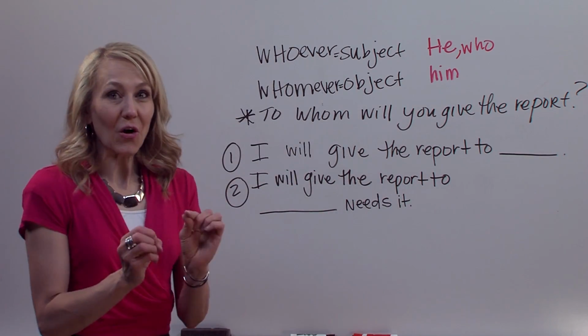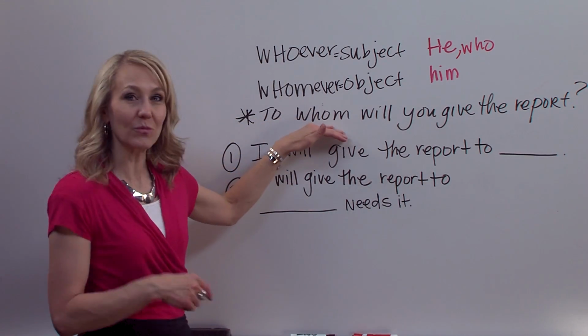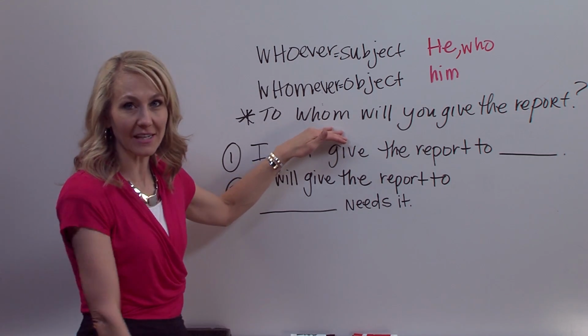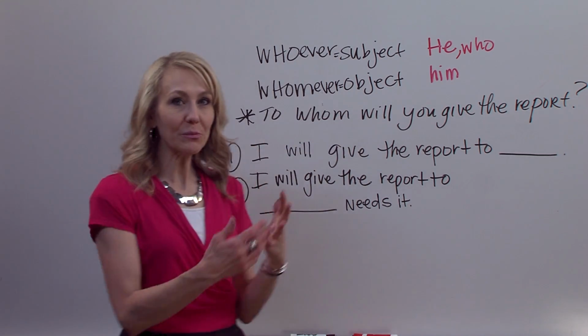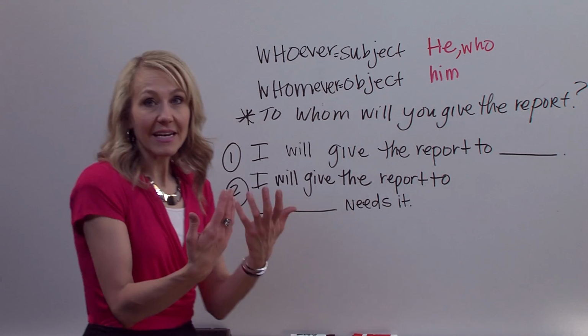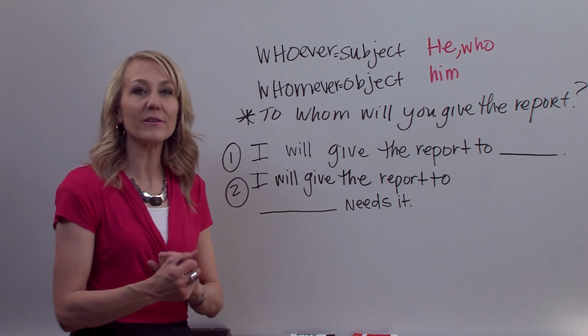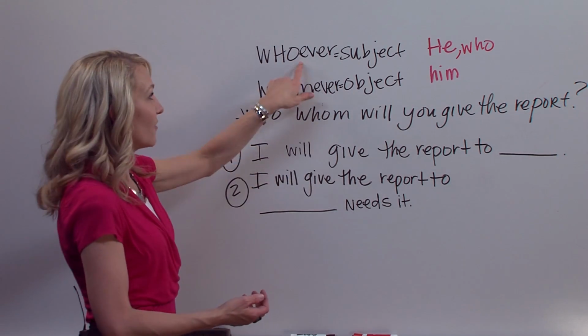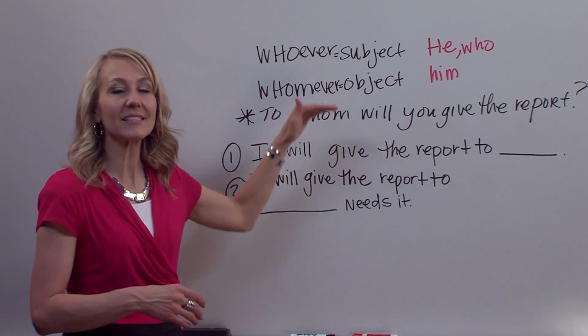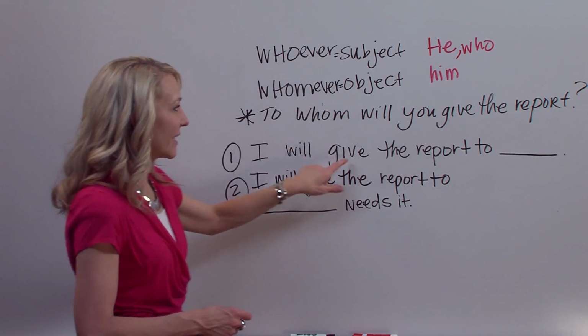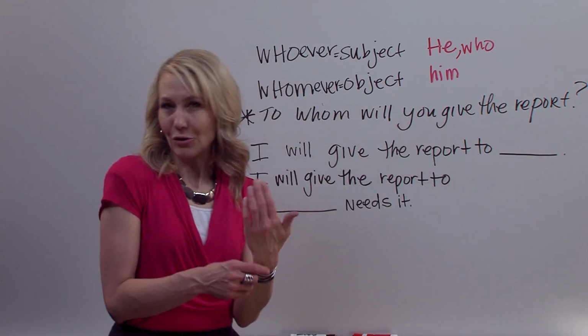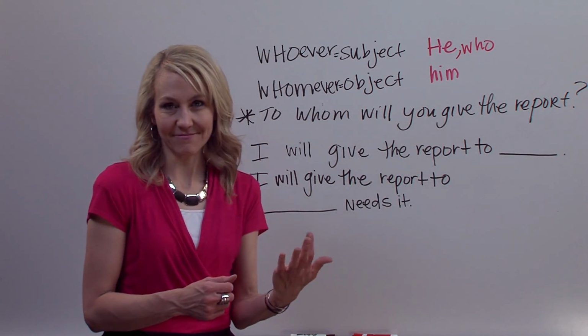Okay, so first of all, we've got our question, in which I have appropriately used the objective case of whom. To whom will you give the report? And in answer, you see potentially these two sentences. Let's figure out if we should use the subjective case of whoever or the objective case of whomever. I will give the report to whomever or whoever.